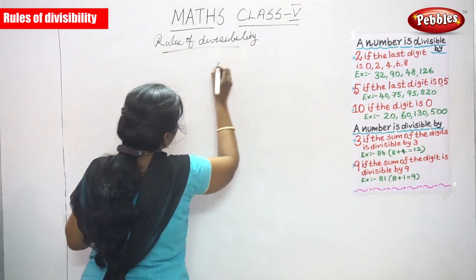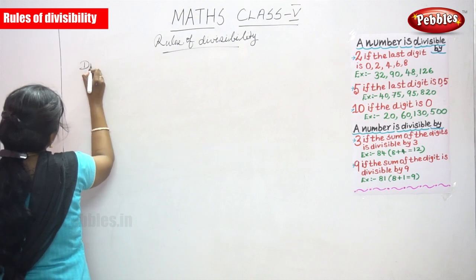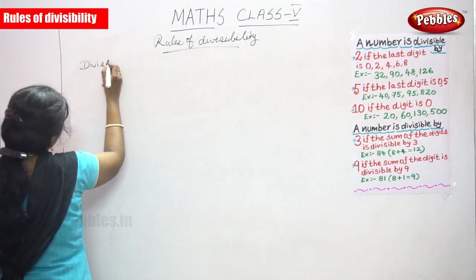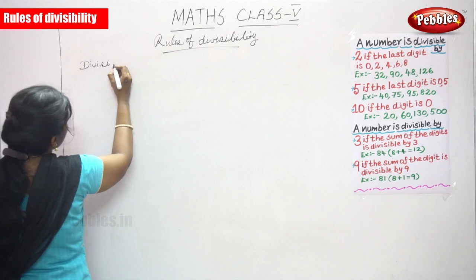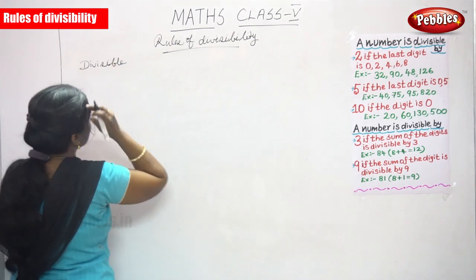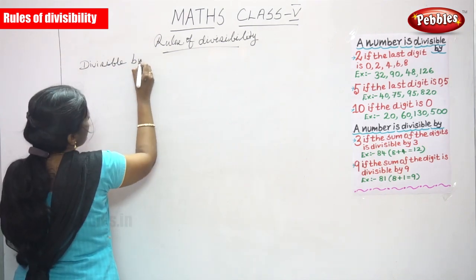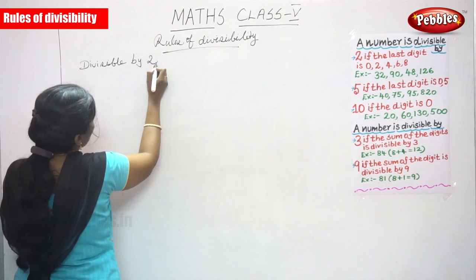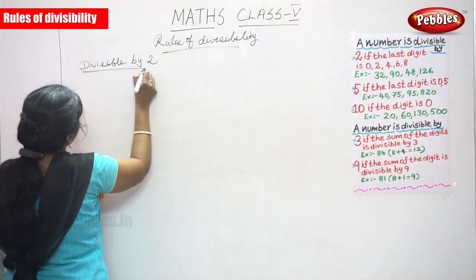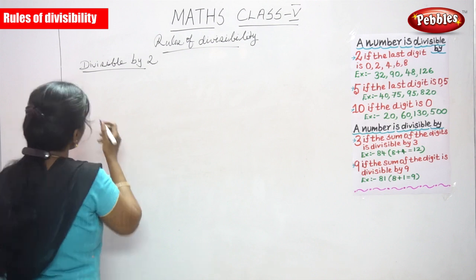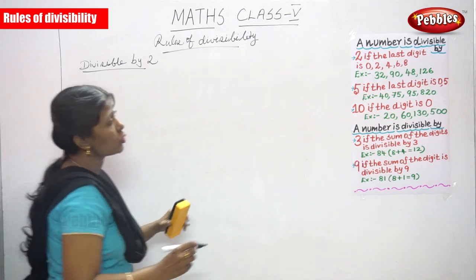Rules of divisibility. The first one is divisible by 2.